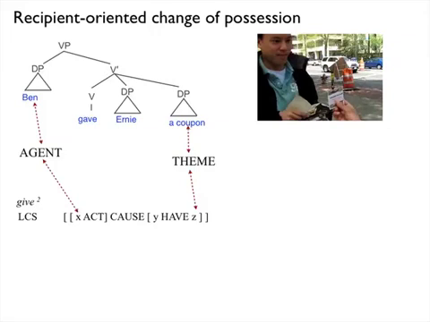It says if you've got this syntax, then you must interpret it in a certain way. And that's all we're doing, showing what that is. The theme has to come second, right? I can't say, Bert gave a coupon Ernie, right? And again, not all languages would have that constraint, but that's a very common one. If you've got two DPs and this kind of double object construction, then the recipient is the one that comes closest to the verb.